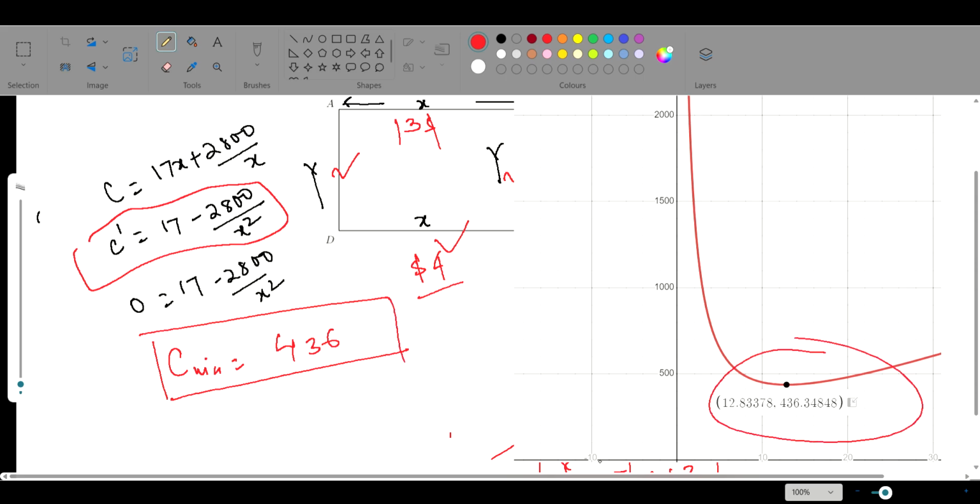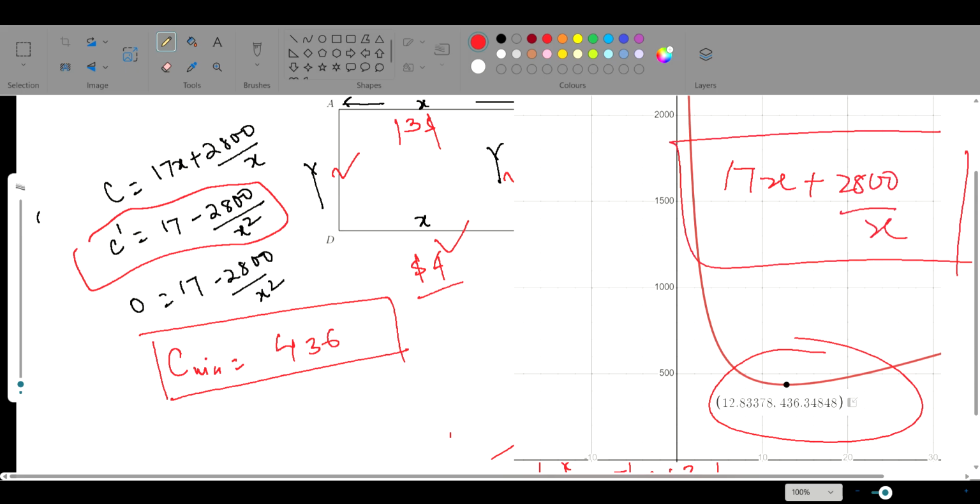How did you get that on the calculator? I used Desmos here. But if you didn't have Desmos, how would I do it without the decimals?